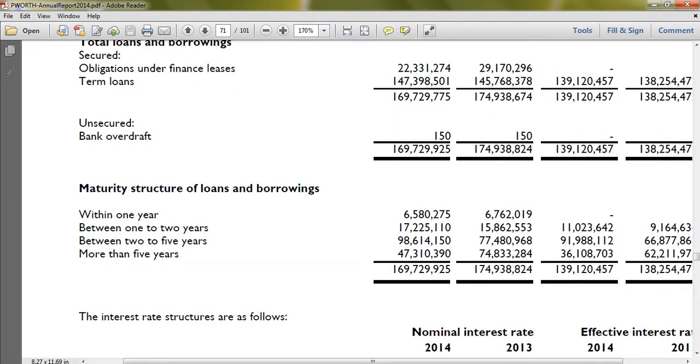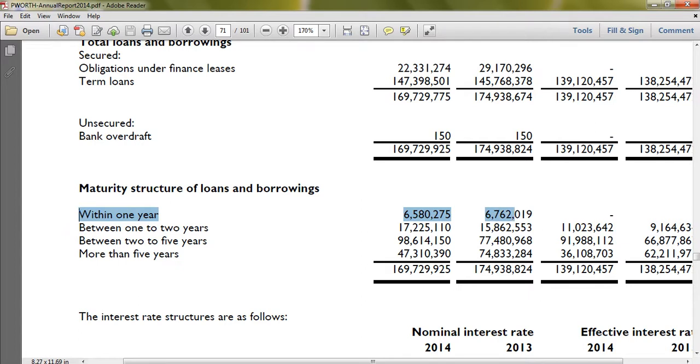Structures of loan borrowings. You see within one year, this is a breakdown of the loans. So 2 to 5 years is going to be a freaking big amount, okay? 2 to 3 years, 2014. So this one you move to this category for the next year. They're having very high debt pressures over here, and more than 5 years.